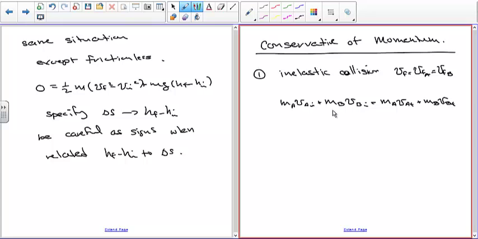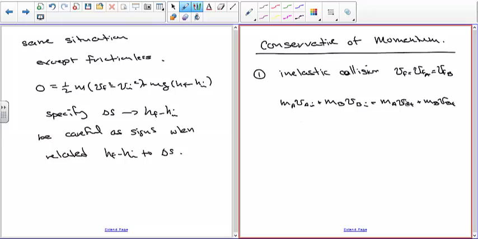A lot of times v B initial is 0, but not necessarily true. I might give this a velocity other than 0. You typically are given the initial velocities and the masses of the two things, and you have to calculate the final velocity.